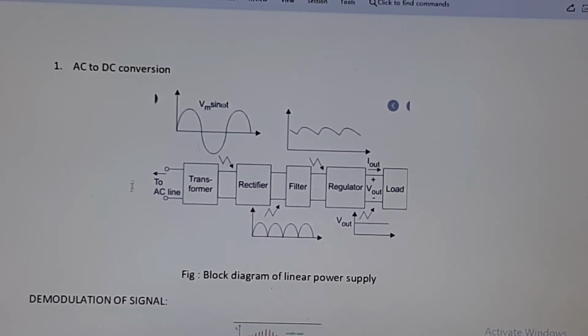Here we have an AC line input, a sinusoidal voltage, and here is a transformer, a rectifier, a filter, a regulator, and the load. We can see that for this input voltage, the output voltage will be like that. So what happens here?